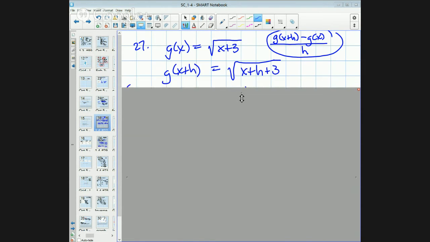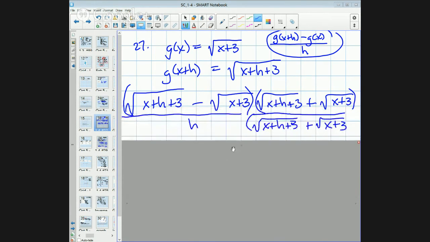Okay, so what do I need? I need a g of x plus h. How do you find a g of x plus h? That's simple. Plug in an x plus h wherever there's an x. Okay, that wasn't very hard. That'll look like that. Now, put the pieces together. There's your g of x plus h that we just figured out, minus the original g of x all over h.